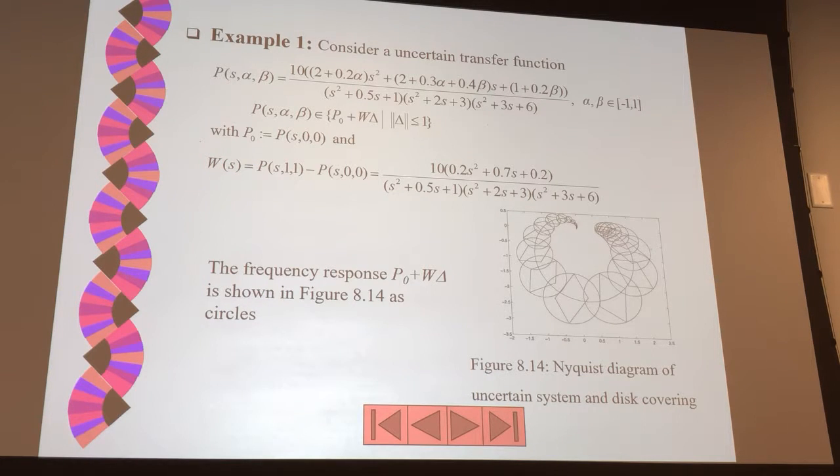Pulling out this Delta, the frequency response of this is something like this. Then you find some disks to cover that. This is called disk covering, circles. This is the nominal model in the middle.